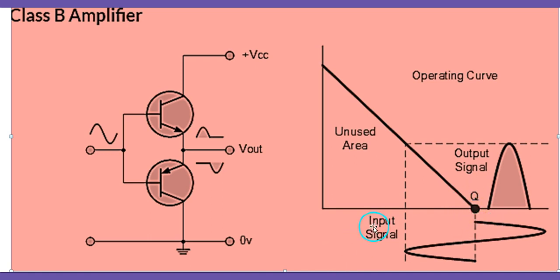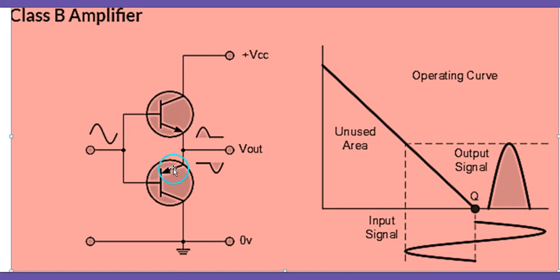Now, the input signal is varying like this. Then the output signal: for this part of the input signal, there is no output signal, and for this part, the output signal appears like this. So there is output only for one half.